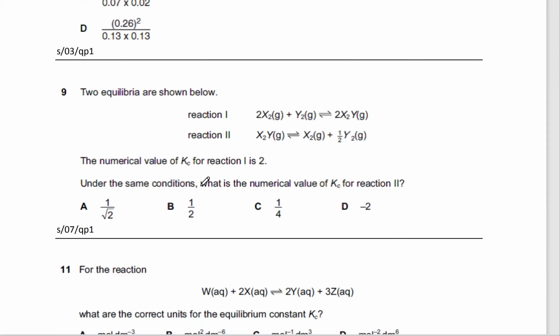It says, what's the value for Kc for reaction number 2? Is it B?